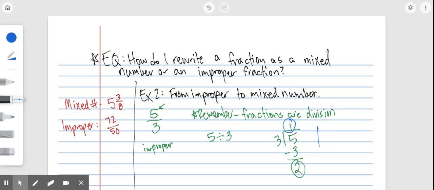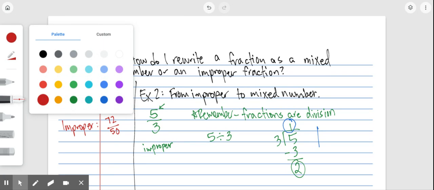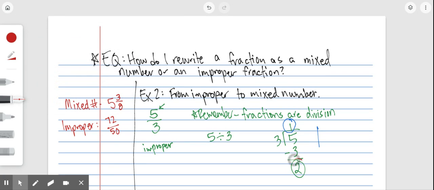Now our fraction part is going to consist of the remainder and the divisor: 2/3. When you have a mixed number, this is the number of times the denominator goes into the numerator, this is the remainder, and this is the divisor.